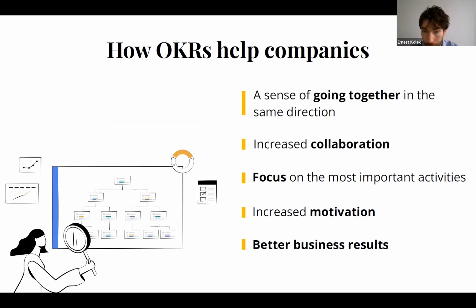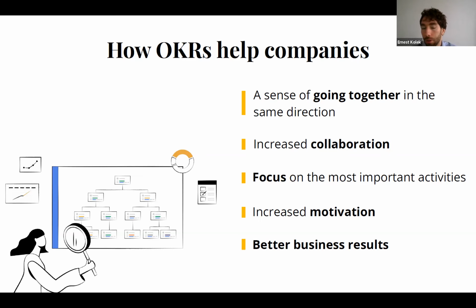Another one is when you ask yourself, how can these OKRs help me and my company? Well, one reason is that they help us to see the way of going together in the same direction. What do I mean by that? On a daily basis, we work in Jira. We have various tasks, various things we work on, but we don't always necessarily see where we are going as a team.